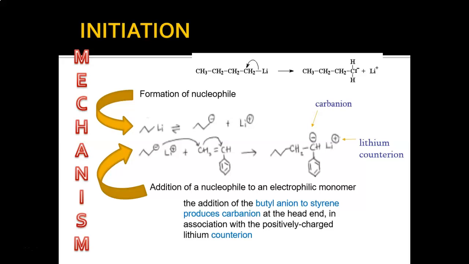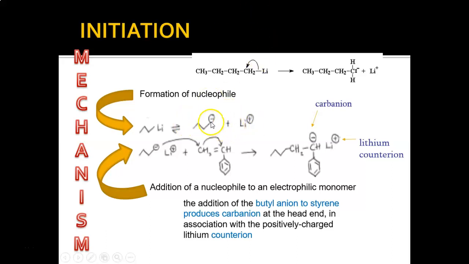We have other strong nucleophile initiators, such as sodium. So the product here is the butyllithium with negative and positive charges. We call it the negative butyl ion, or the carbanion, where the negative charge is on a carbon atom.